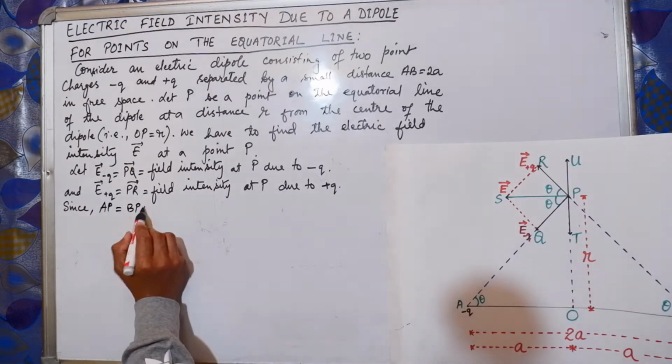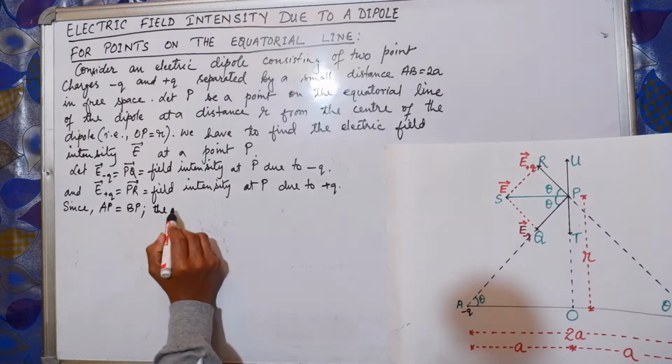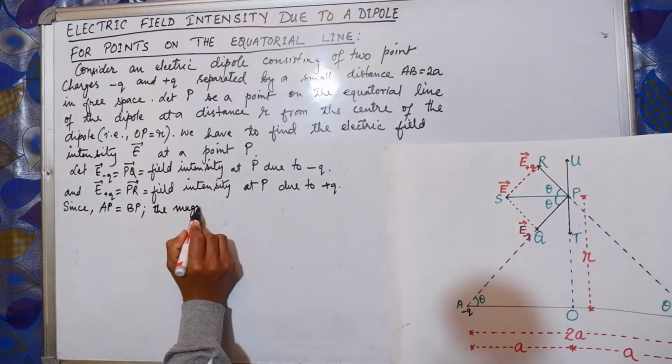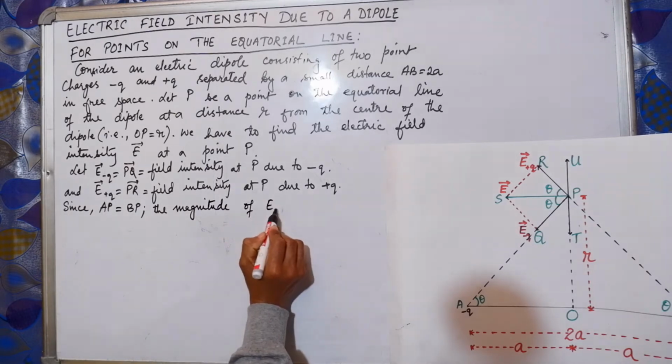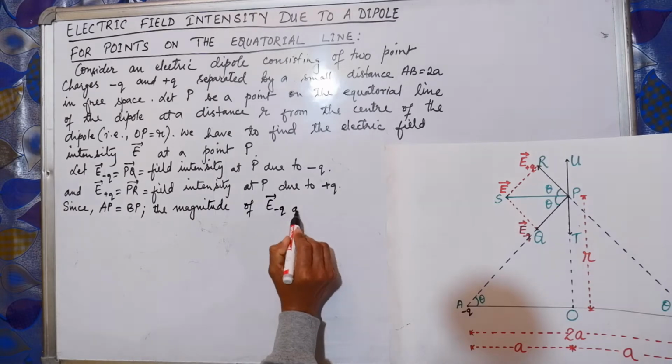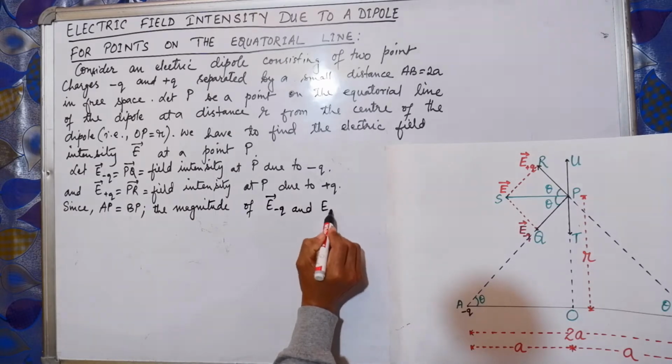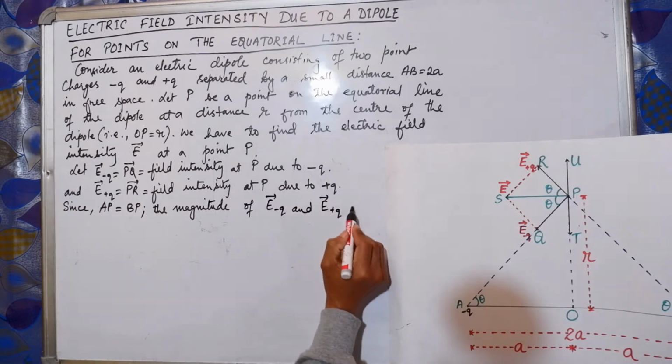we can write that the magnitude of E minus Q and E plus Q are equal.